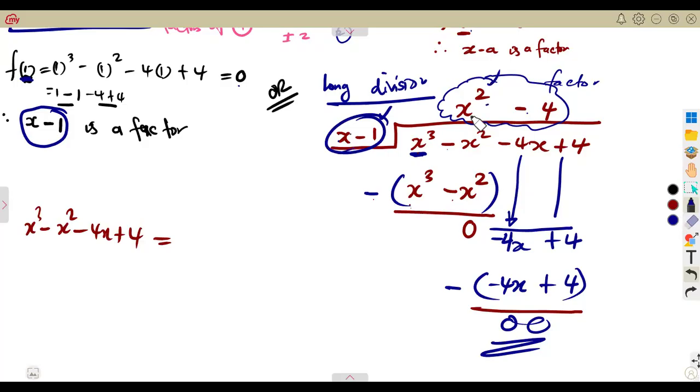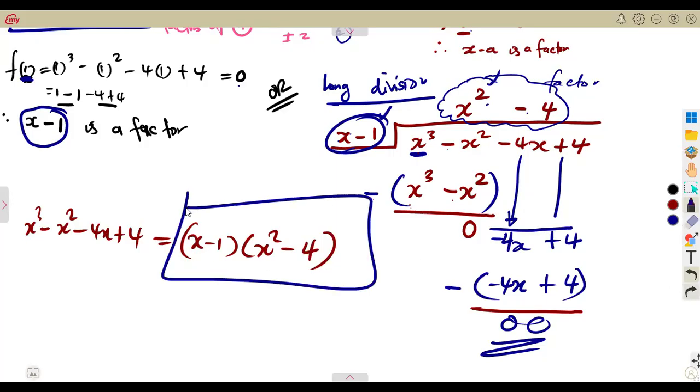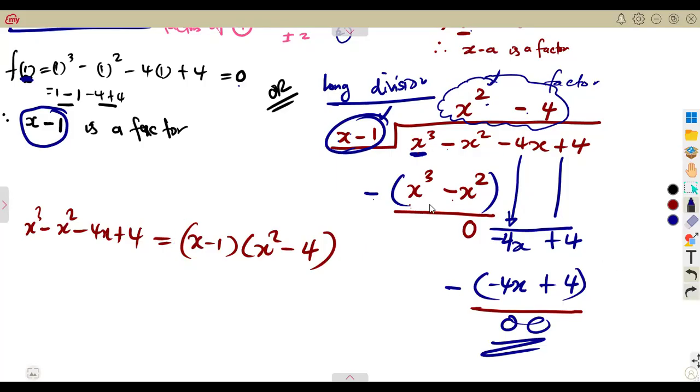So you're going to multiply. It's the product of x minus 1 into x squared minus 4. So if these and these are the same, we can take advantage of what is on the right-hand side, because those are factors that are simplified, and we can factorize further from there.